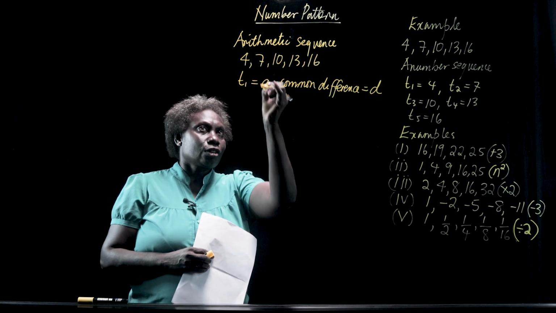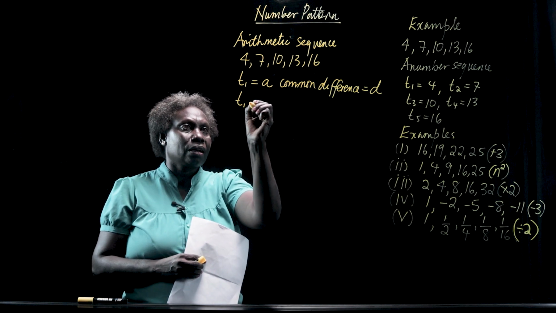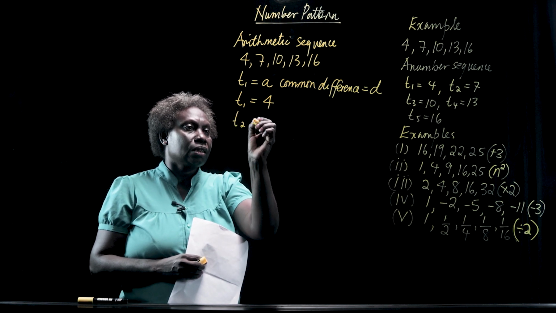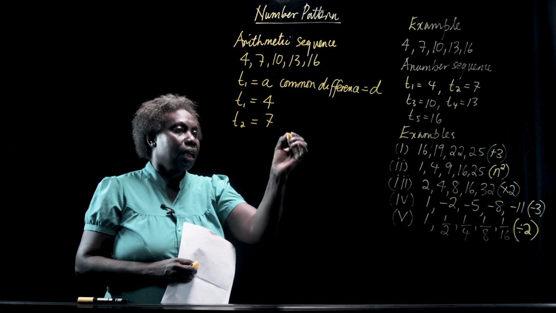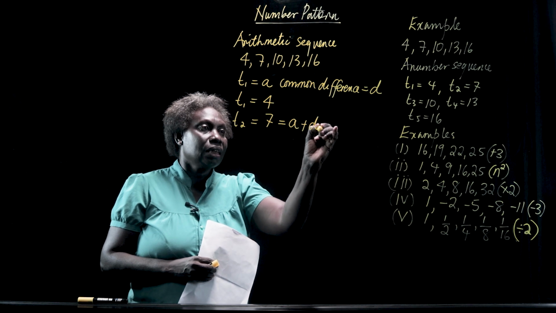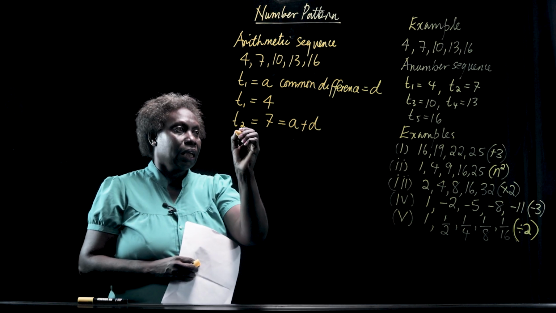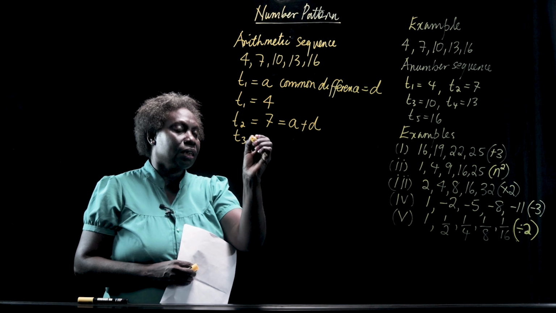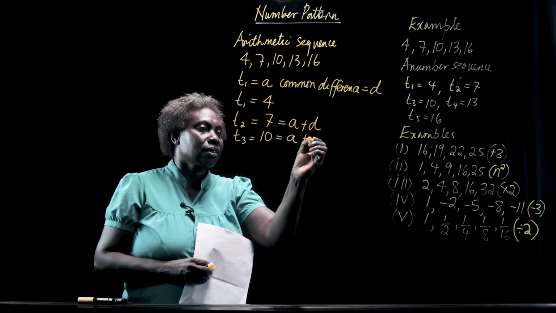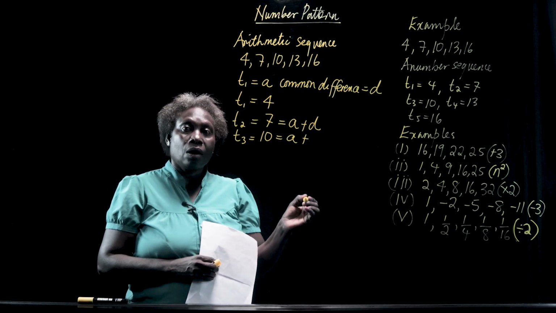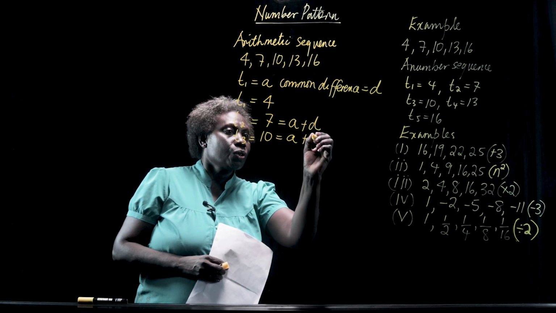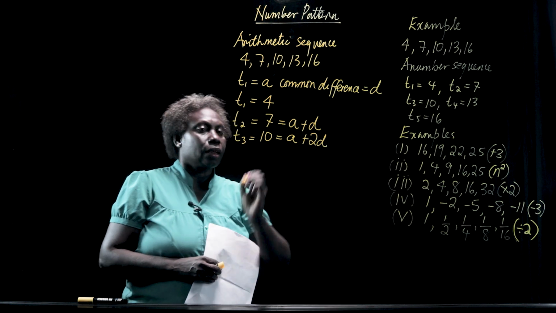Let's look at term 1. Term 1 is equal to 4. Term 2 is equal to 7, which is equal to A plus D, the common difference. Term 3 is equal to 10, which is equal to A plus 3 minus 1, which gives us 2, so 2D.